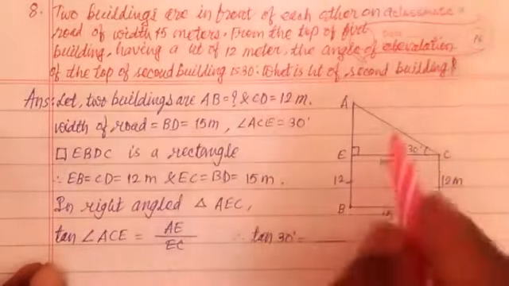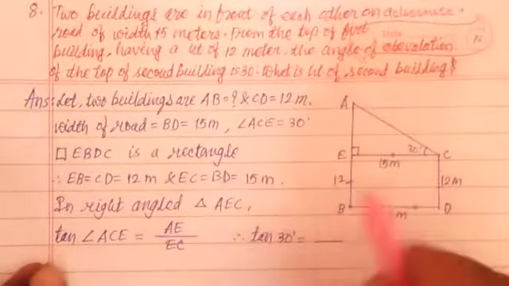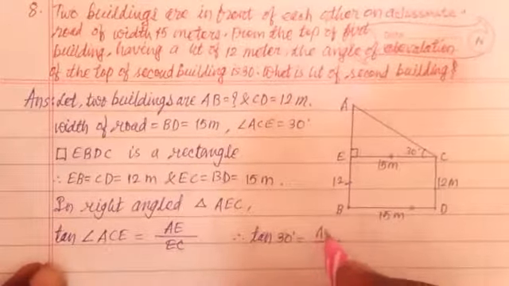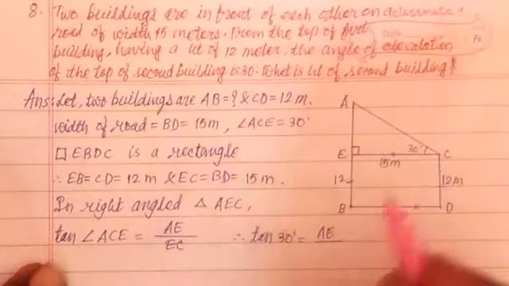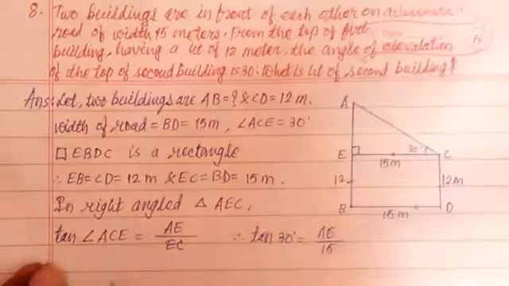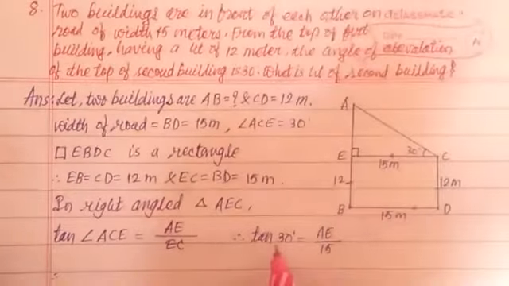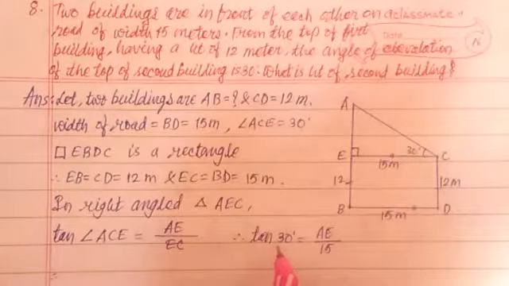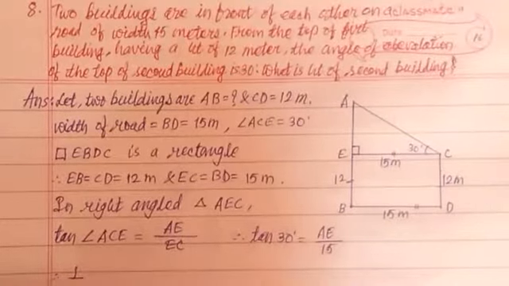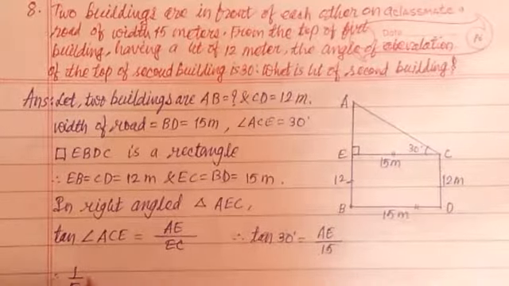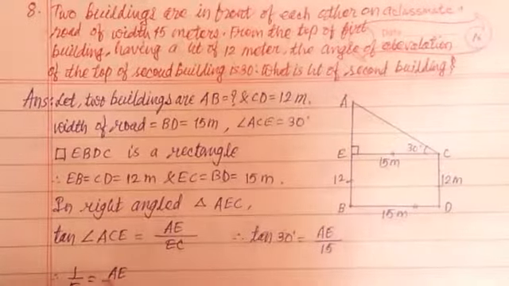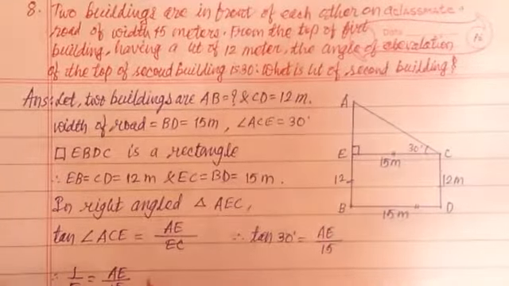Now tan ACE means tan 30 degree is equal to AE upon EC, since AE is not given. EC is 15. Now we know that tan 30 is 1 upon root 3, which is equal to AE upon 15.